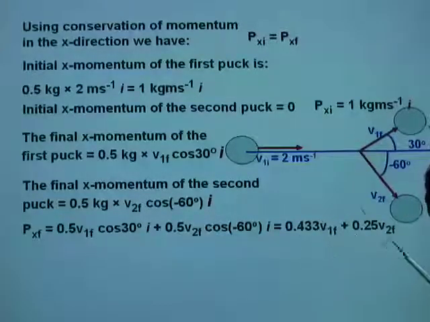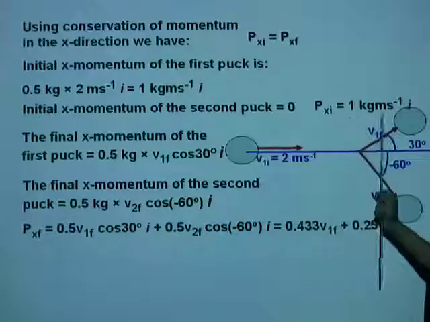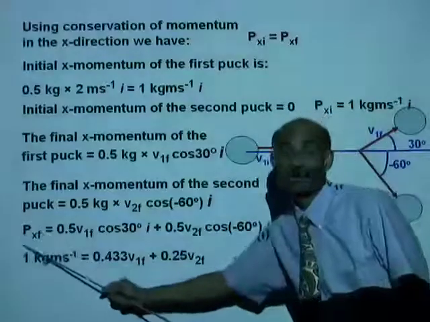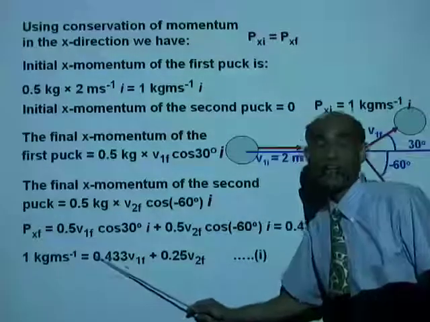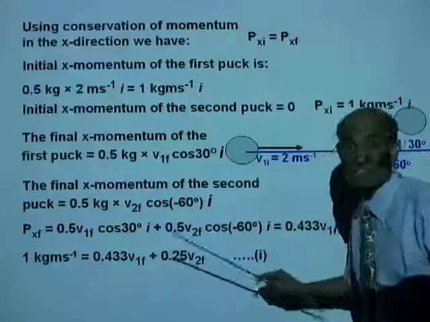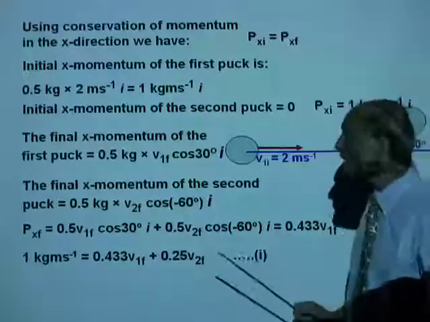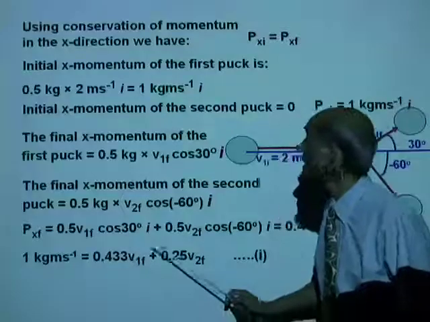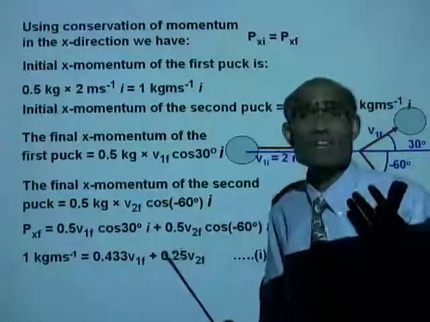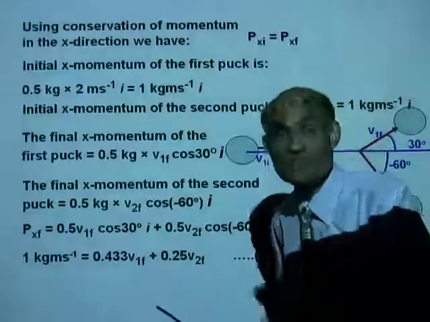And this must be equal to this quantity, 1 kilogram meter per second. So total initial momentum equals total final momentum in the x direction. So we got one equation connecting V1F and V2F, looking at the conservation of momentum in the x direction.